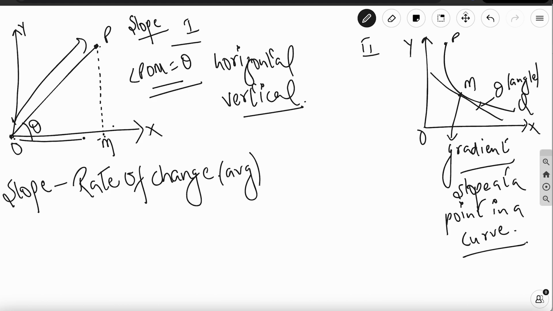If we were to move only in the horizontal direction, then only the horizontal path will change. Similarly, if we were to move only in the vertical direction, only the vertical change will take place. But in case of slope, as we are moving ahead, we are covering the horizontal distance as well as the vertical distance.